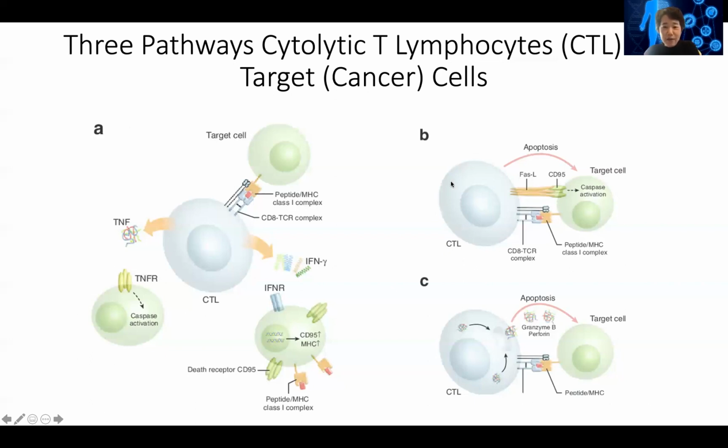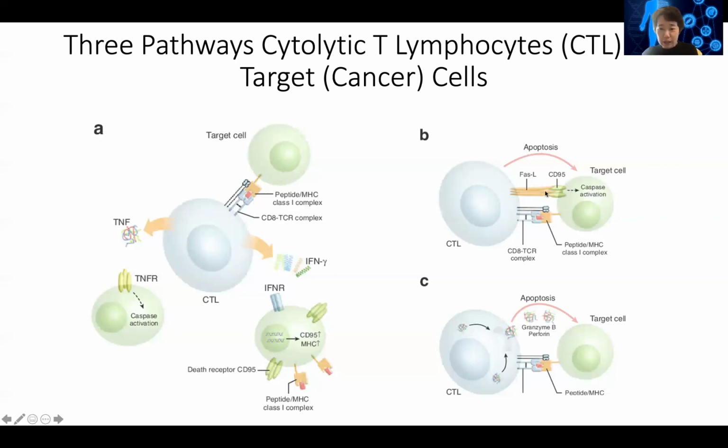The second way for the T cells to kill the cancer cells is through this Fas ligand. So it creates a kind of signal again on the cell surface. Instead of interferon, which is released outside without direct contact, Fas ligand is a ligand on the T cell surface, which can interact with CD95, which is a receptor on the cell surface.